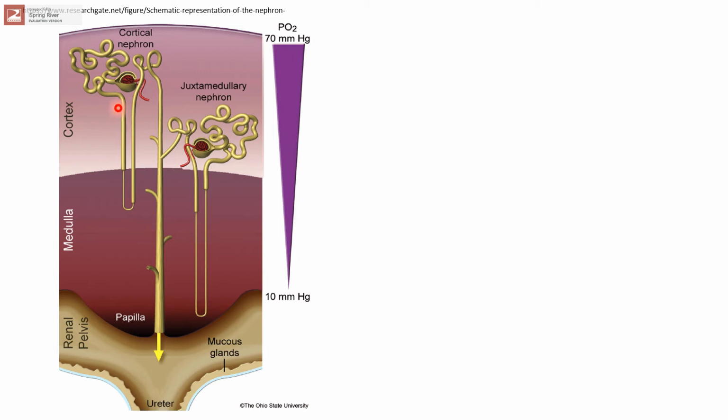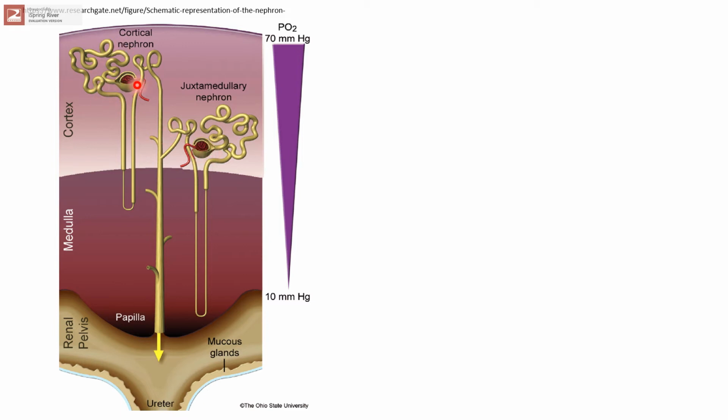The loop of Henle has a descending loop that goes down and an ascending loop that goes up. And this area away from the glomerulus, so further into the renal tubule, is called the distal convoluted tubule. And this cup-shaped structure is the glomerular capsule.